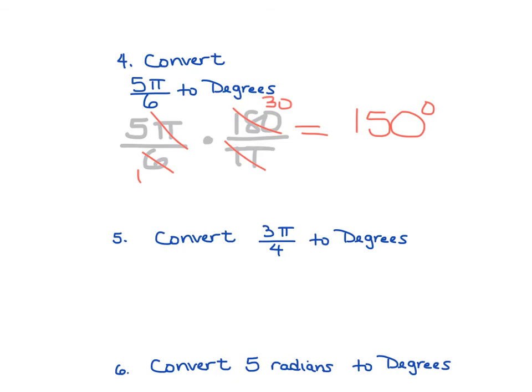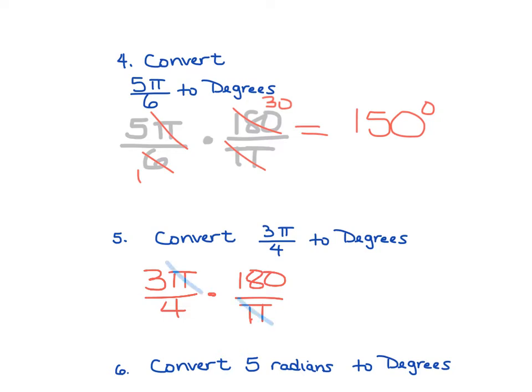The next one, I'm going to do exactly the same thing. I will take my radians and multiply them by 180 over pi. 3 pi over 4 times 180 over pi. I'm going to simplify before I multiply. I'm going to cross off the pi's.